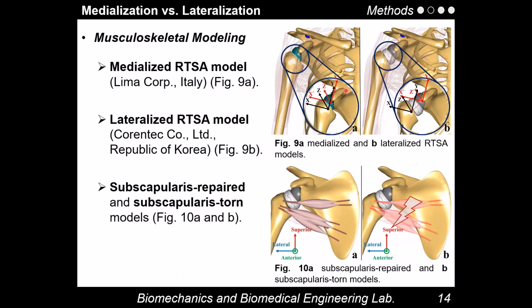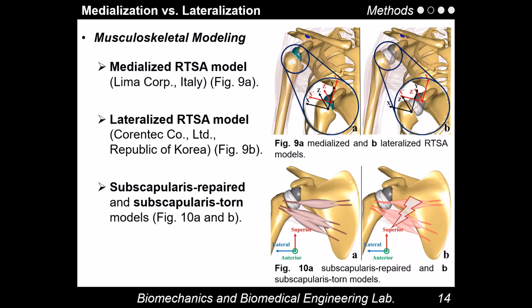For the medialized RTSA model, we used the Lima SMR system from Italy, which features a traditional medialized glenoid and medialized humerus. In contrast, for the lateralized RTSA model, we used the Corrale Liverpool shoulder system from South Korea, which incorporates the lateral offset from the glenoid surface and onlay design which we discussed earlier.